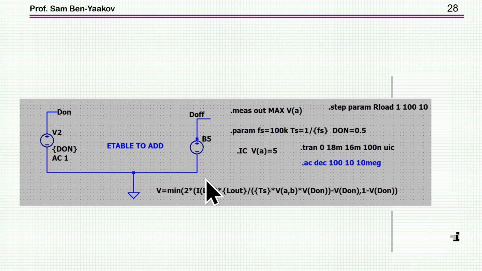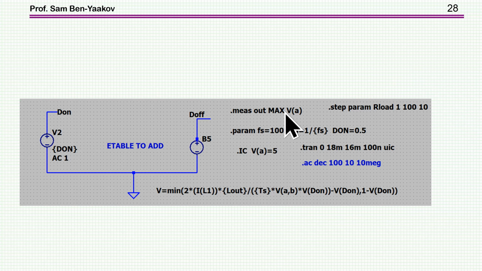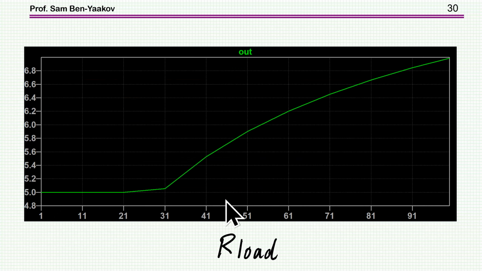And now I'll be running a large signal in which I'll be stepping the load while keeping the duty cycle constant. Okay, the duty cycle is constant, and I'm stepping the load. So in this case, here is what I see, and then using the measure option here, I get the output voltage as a function of the load resistance.